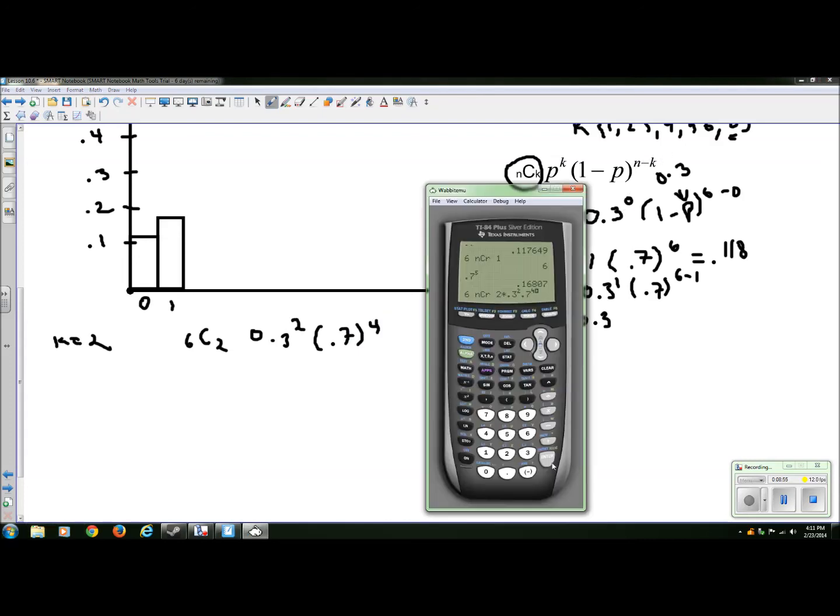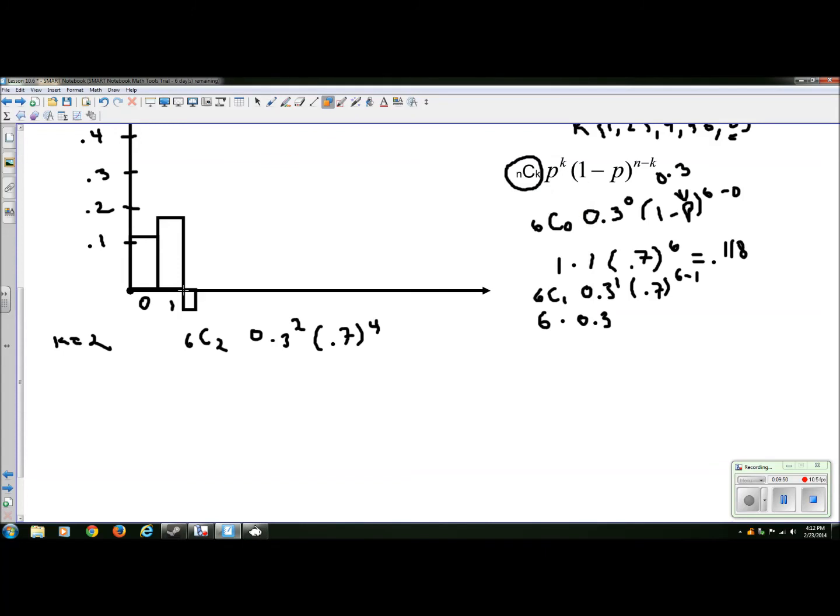And when I do that, I get 0.32. There we are. That's 0.32. Okay, great. And we can keep doing this.